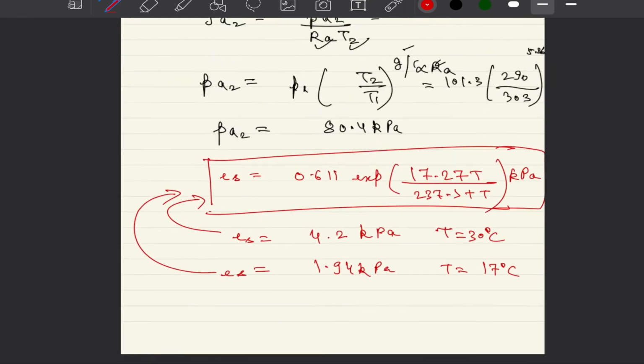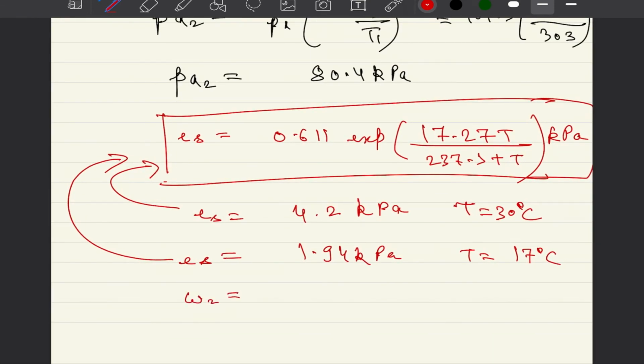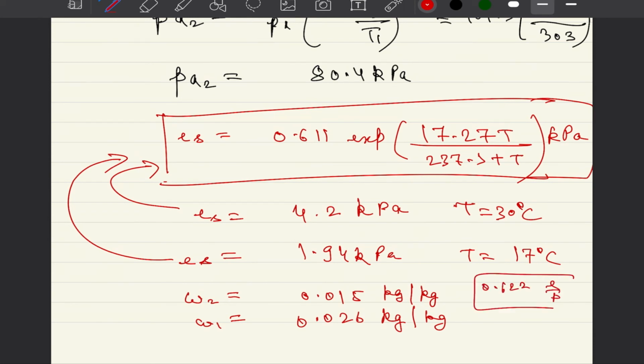Now we know all these values, so we calculate the specific humidity at height 1 as 0.026 kg of vapors per kg of moist air, and the value of W2 as 0.015 kg of vapors per kg of moist air, based on the formula 0.622 E upon P.